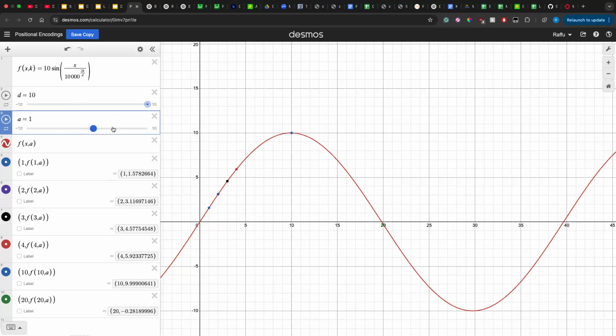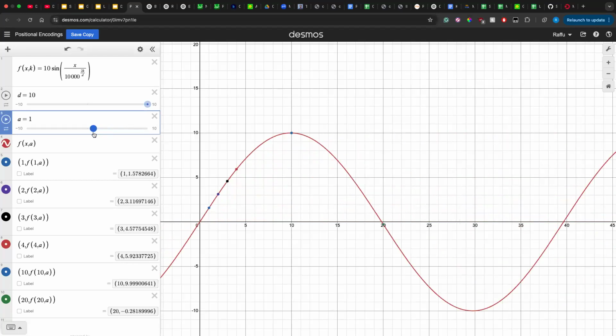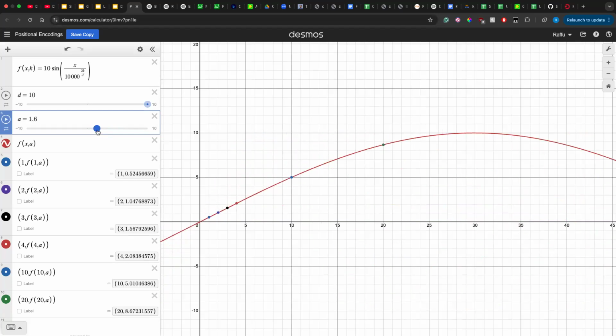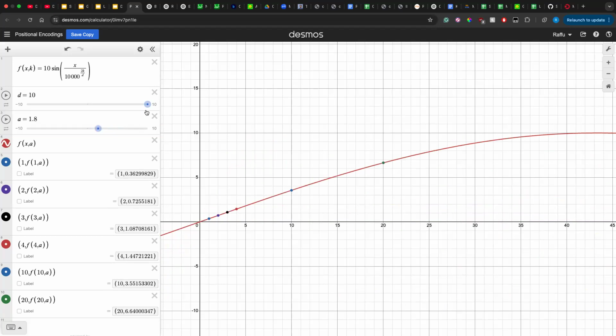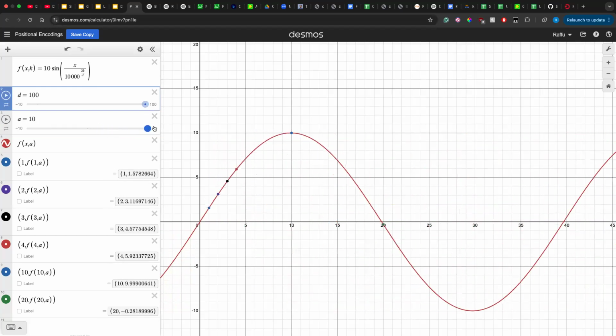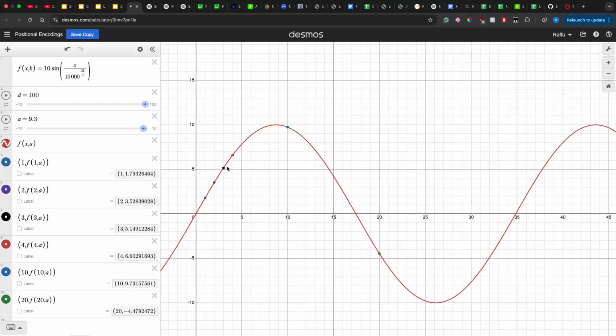So as we increase our dimensions, I increased a little bit too fast there. Yeah, sorry. As for the dimensions that are fairly high, let me increase my D to 100. Okay. For the very high dimensions, you can see that time steps that are nearby each other have visually similar positional encodings, right?